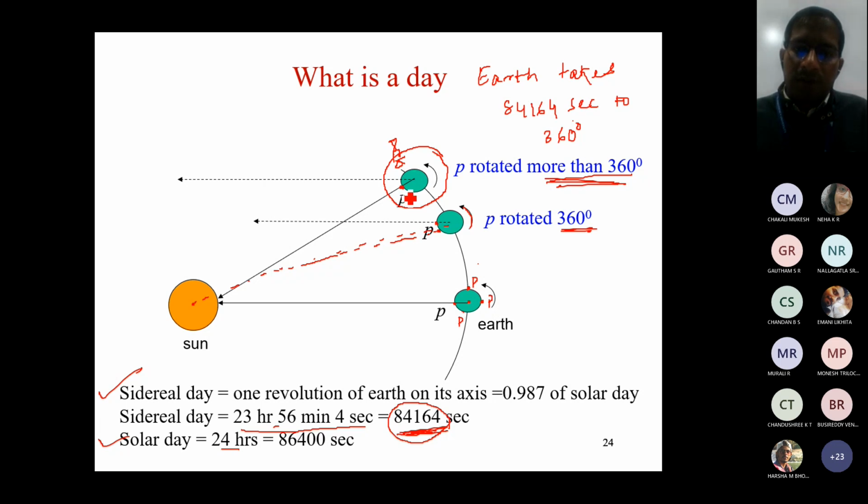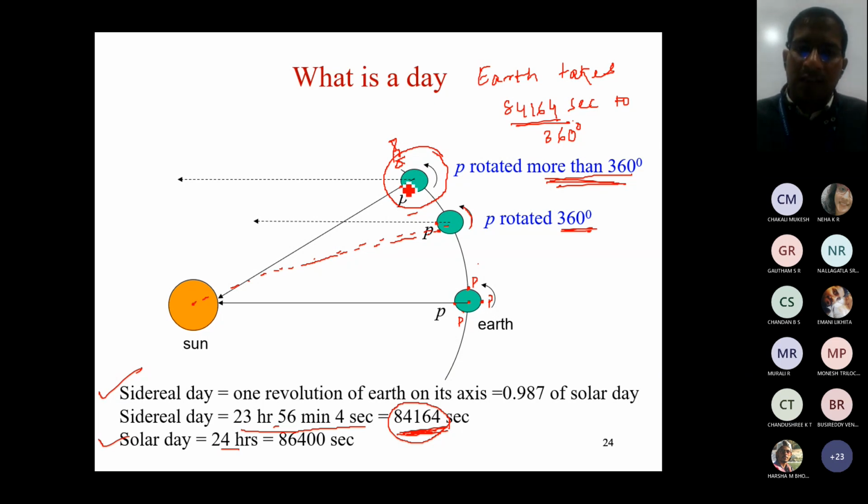So the Earth takes this much time, this many seconds, to complete a 360-degree rotation. Now, if the satellite takes the same time to complete a 360-degree rotation, then the satellite will become relatively stable with the Earth.